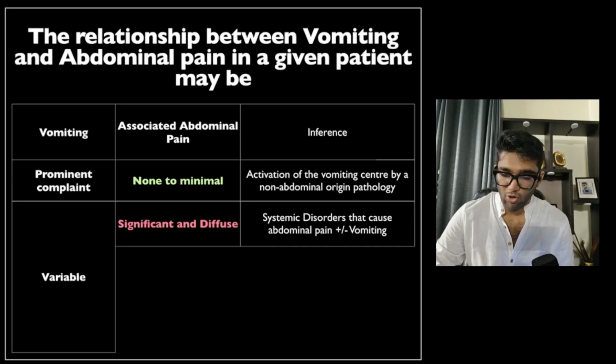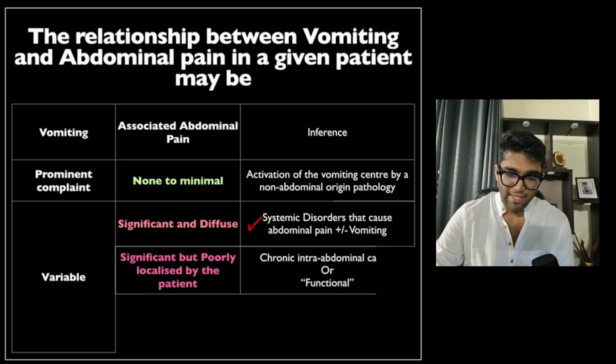That indicates it's a systemic disorder causing abdominal pain, because systemic disorders are not likely to prefer one area of the abdomen over the other, or one organ over the other. The second is that it could be significant but poorly localized, as in the patient cannot exactly say where the abdominal pain is. We'll see this happens in two situations: when there are chronic intra-abdominal causes of pain, and when there is functional abdominal pain.